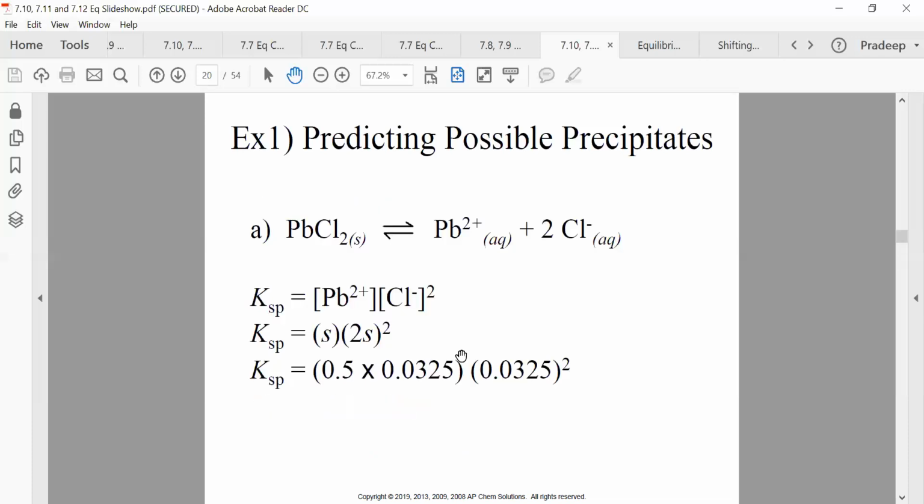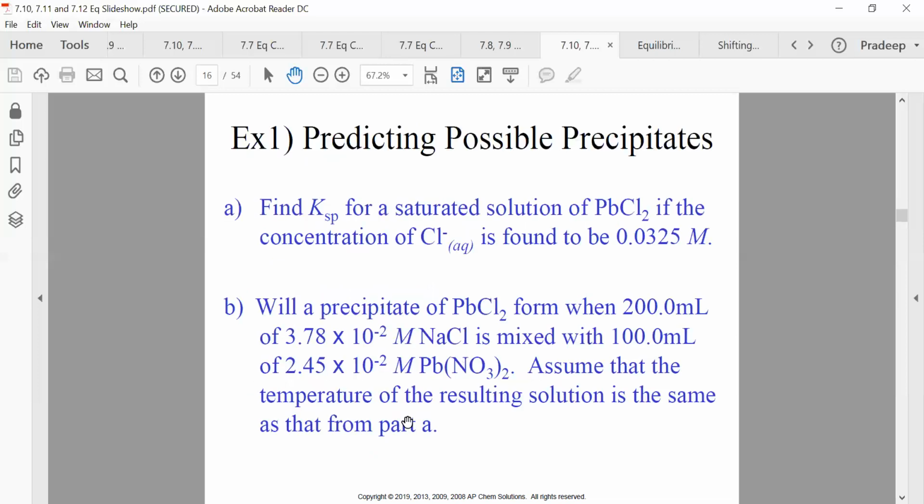And the second problem is, will a precipitate of PbCl2 form when 200 mL of NaCl is mixed with 100 mL of lead nitrate?